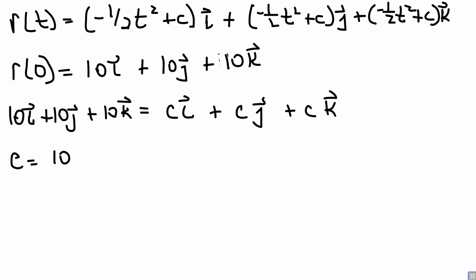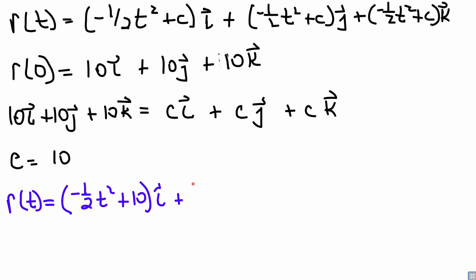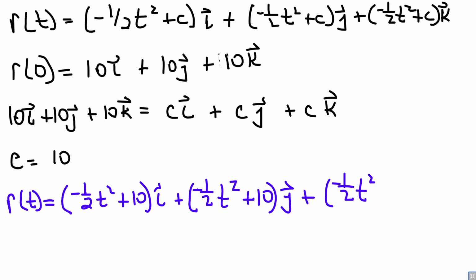So our final answer for this, r of t, is going to be defined as negative 1/2 t squared plus 10 in the I direction plus negative 1/2 t squared plus 10 in the j direction plus negative 1/2 t squared plus 10 in the k direction. Any questions?